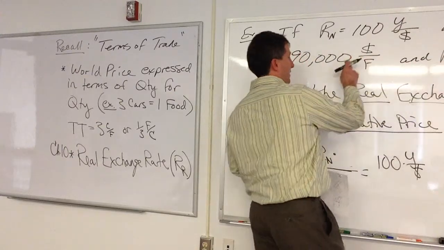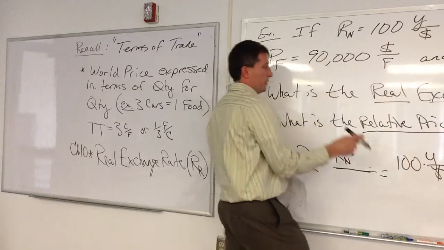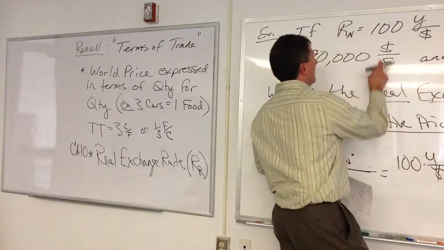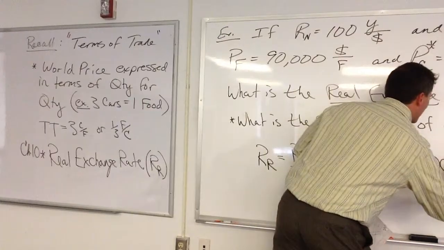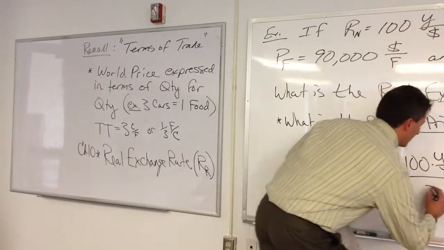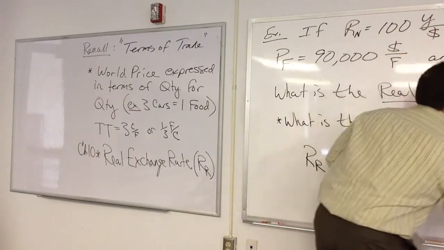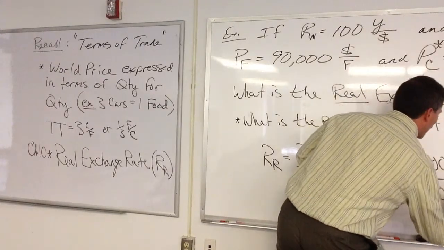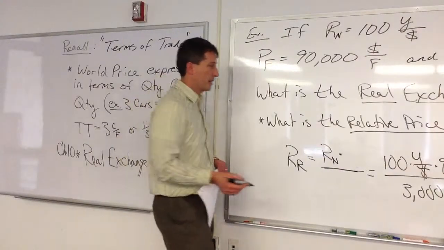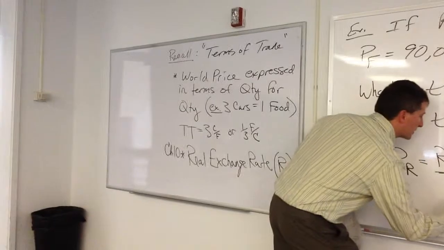We're going to convert our $90,000 price of food, at dollars per food, all over the $3 million yen per car. Now we've got all the pieces, which is what I started with.